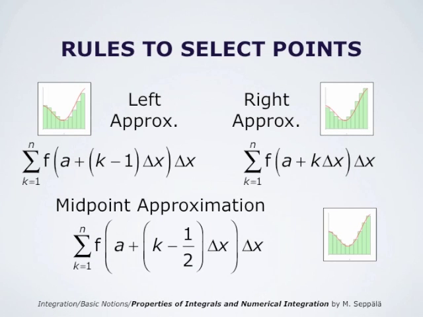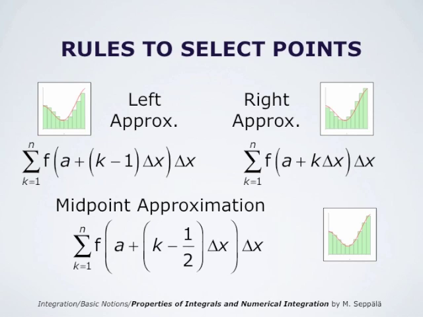To summarize the numerical integration, we observe that we have used a decomposition of the interval of integration from a to b into subintervals of equal length. If there are n such subintervals, then the length of each one is delta x, which is (b minus a) divided by n. Once we have decided to use such a decomposition of the interval of integration into subintervals, we still have to choose the tag points in some fashion.